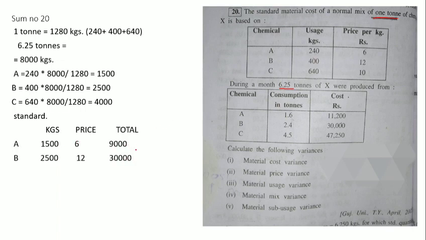For chemical B, kgs are 2500, price is 12, and the total is 30,000. For chemical C, kgs are 4000, price 10, and total is 40,000. So make total of these two columns, this kgs and here this last column. So the answer is 8000 and here 79,000.